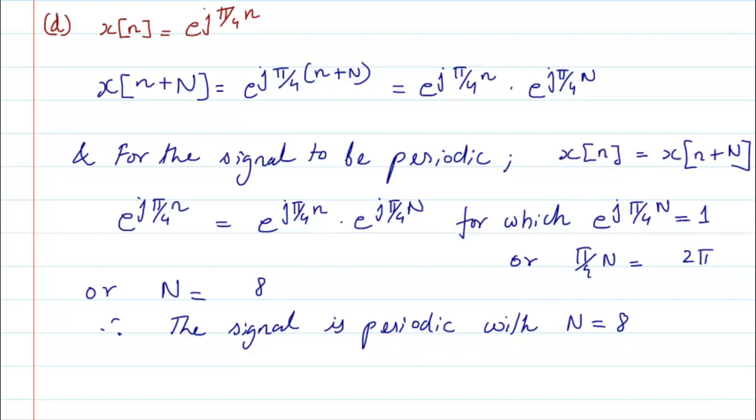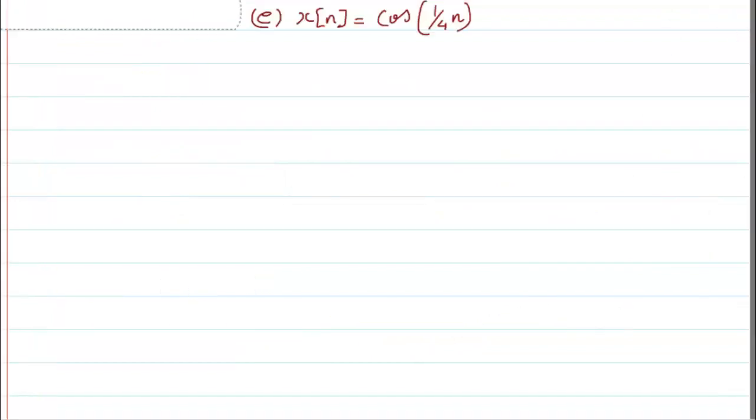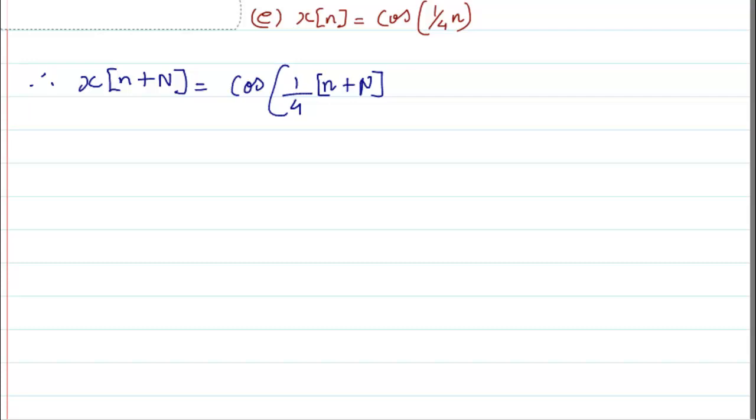Next, let's do another problem. Here we have x of n is equal to cos 1 by 4n. Therefore, let us say x of n plus capital N is going to be cos of 1 by 4 small n plus capital N, which I can expand out as cos of n by 4 plus capital N by 4.